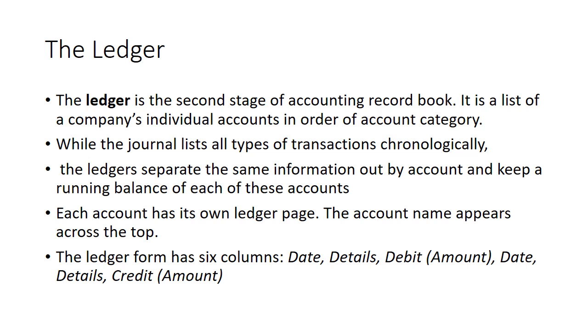And we have the details column, where we write the corresponding account, and the debit, which means the amount that is to be debited. On the right-hand side, we also have a date, details, credit, and the amount.